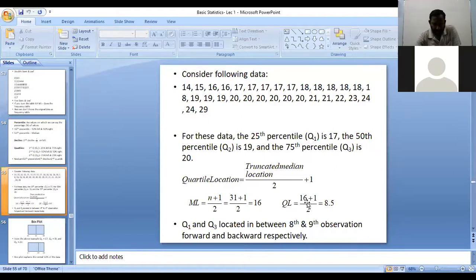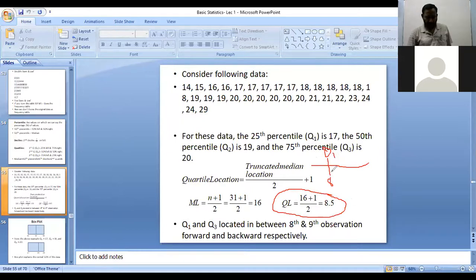Then the truncated median location plus 1, divided by 2, gives 8.5. This is the important aspect of quartile location. In other words, if you have data here, quartile 1 will be in between the 8th and the 9th position, right?